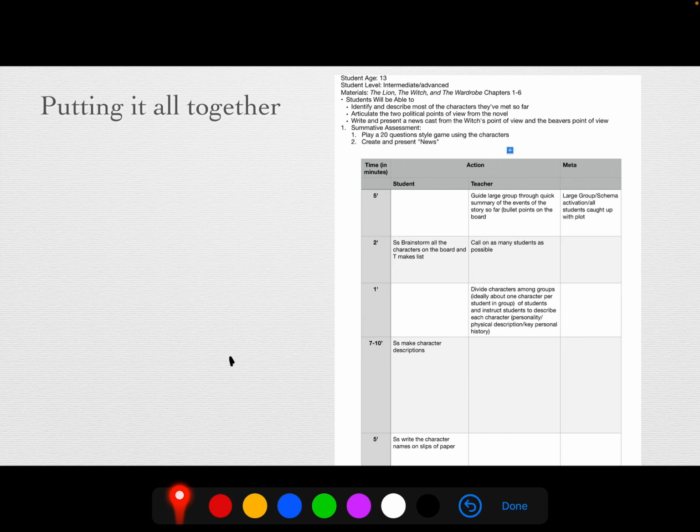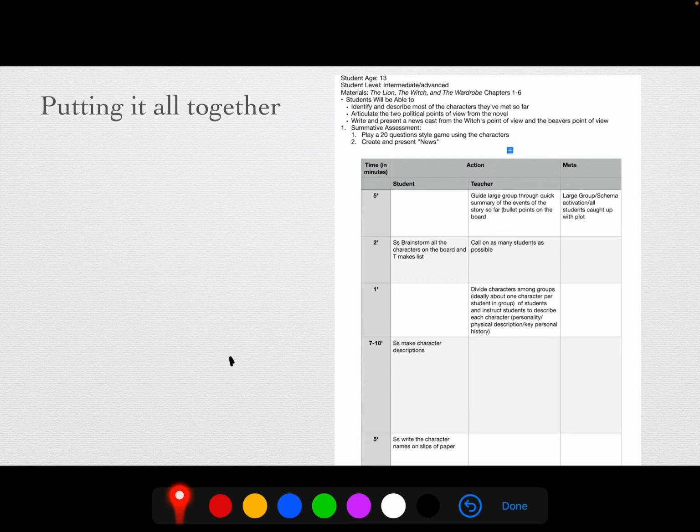So probably this is not the first day that we're talking about this novel. So they have some knowledge of it already. They have some background. They know some basics. So this is not a day one activity for this novel. This is probably the second or third week, maybe, that these students will be experiencing this novel.